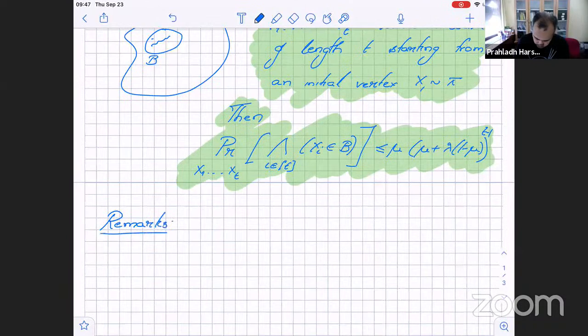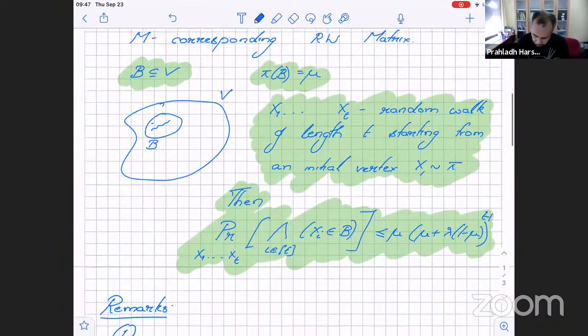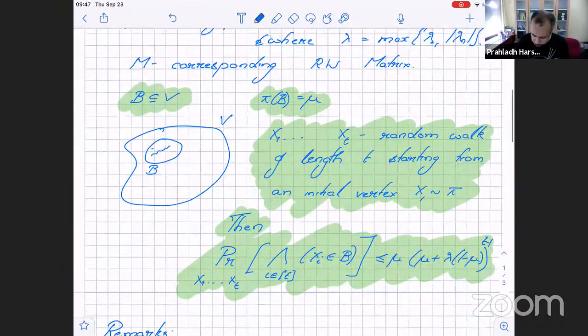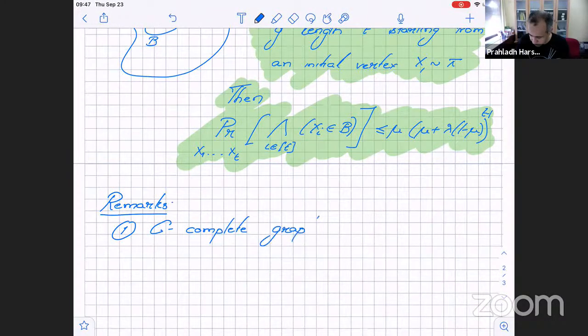The first remark is, of course, if G were the complete graph with self loops, in which case I'll call this M independent. That is, the random walk is independent.